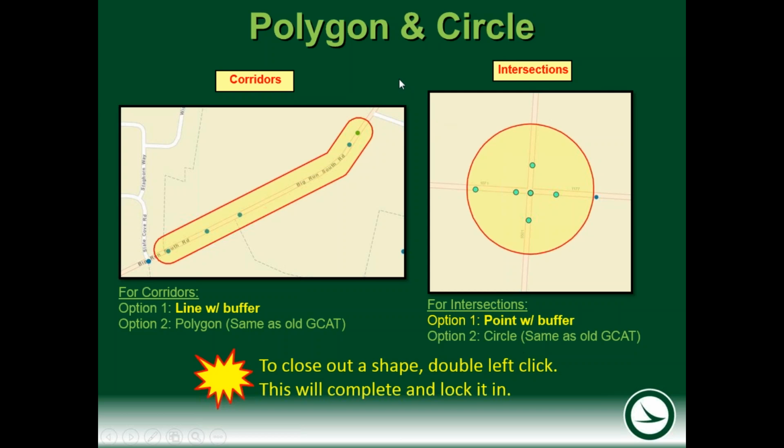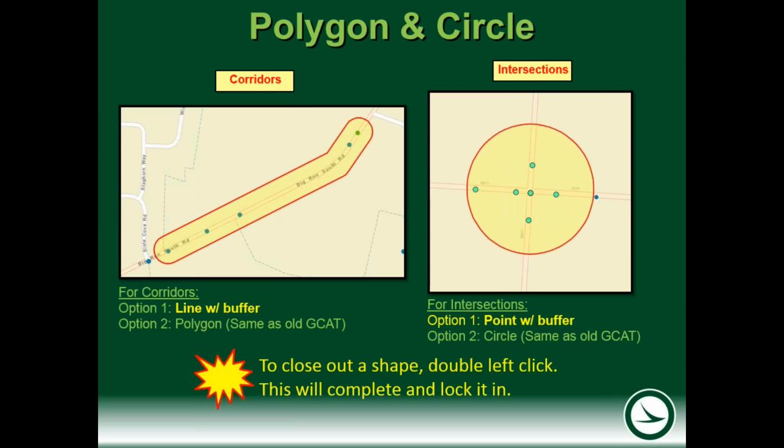So just to cover the polygons and circles real quick, starting with the corridors on the left. Before, you pretty much just drew a polygon as a box on the GCAT system. Now we have it set up so that you can just draw a straight line on the road, and then it builds in that automated buffer, and that's the screenshot that I have there.